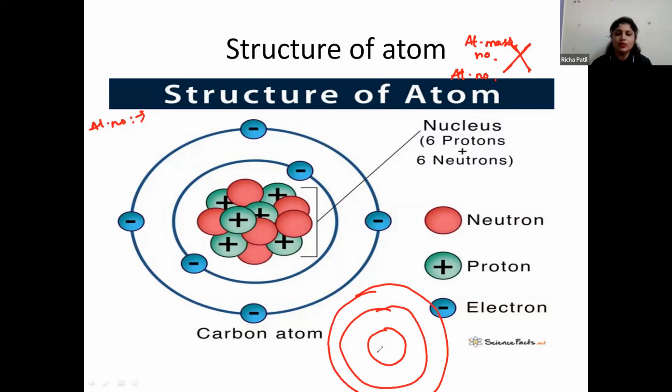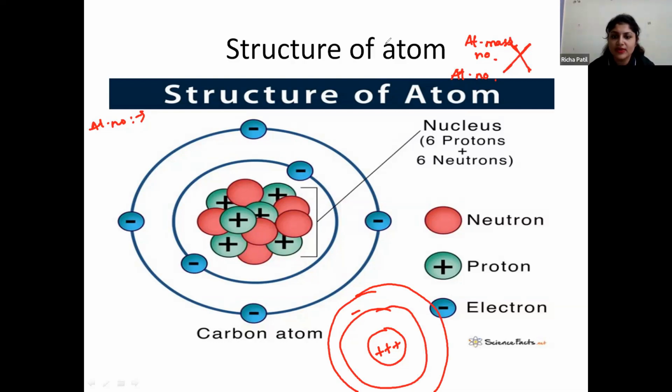If in the center it has 3 positive charges, then it should be balanced by 3 negative charges, that is, by 3 electrons.